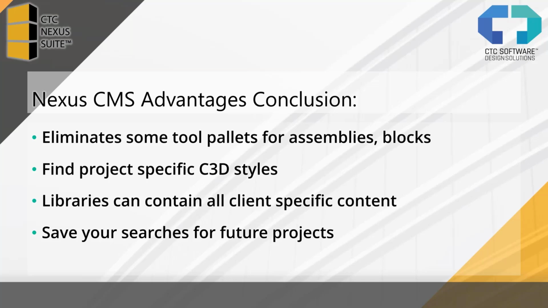It works really powerfully for stuff like that. We can find our specific Civil 3D styles really easily. And then we can have a library that contains just the content we need for clients, or the full warehouse, as you saw, to pull from. And then we can save our searches. Let me just go back real quick and talk a little bit more about our saved searches, because I don't think I really covered that.